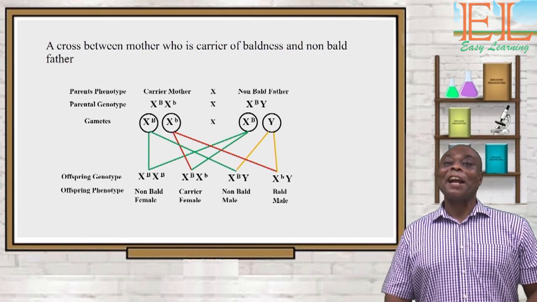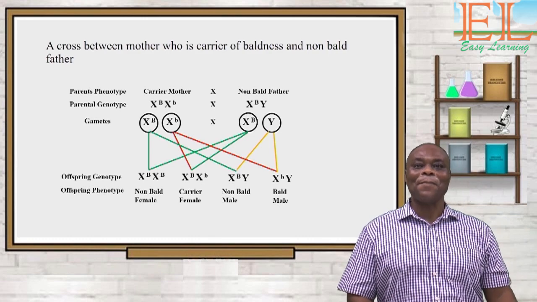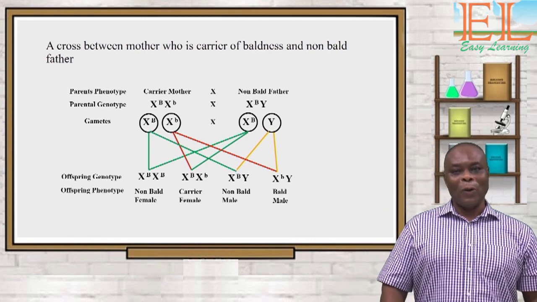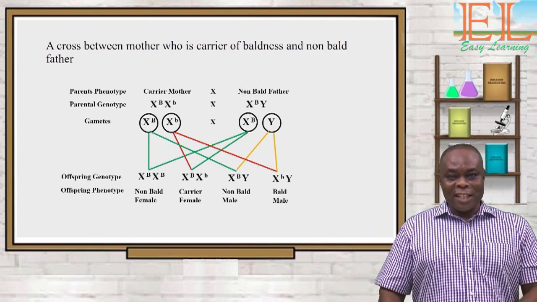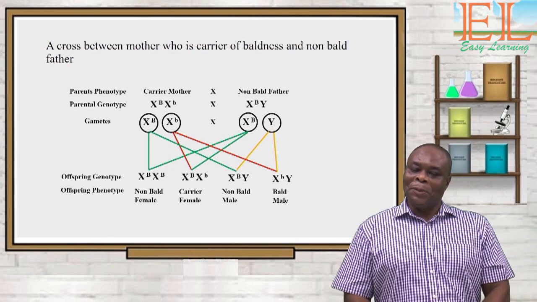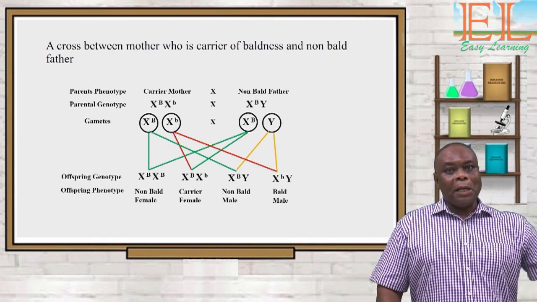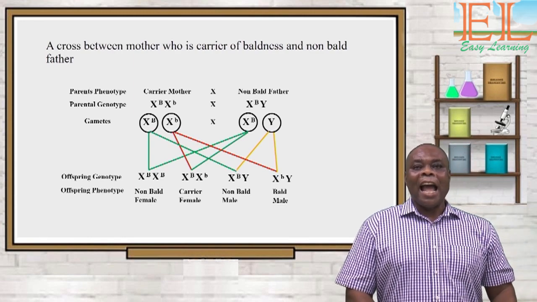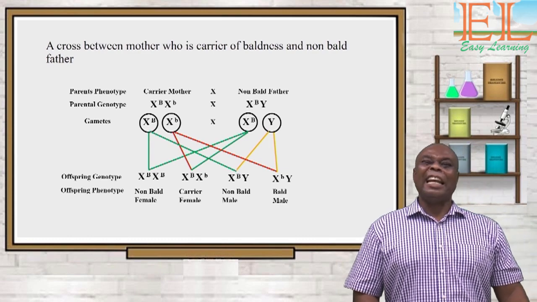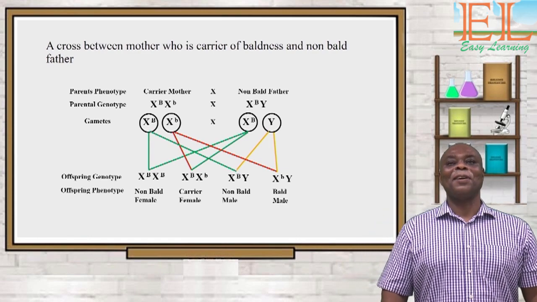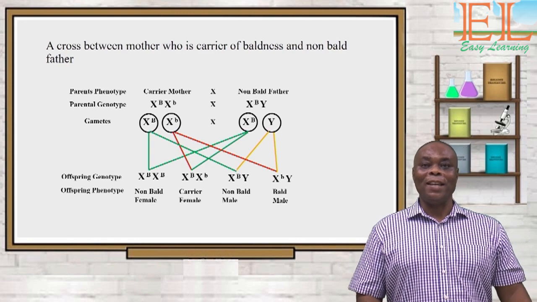But it means the grandfather, who is the mother's father, is bald. That is why the mother got the baldness and transmitted it to the son. So in this case, if a father is bald and the maternal grandfather is not bald, none of the sons of that mother will be bald.